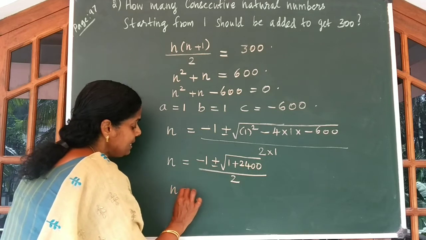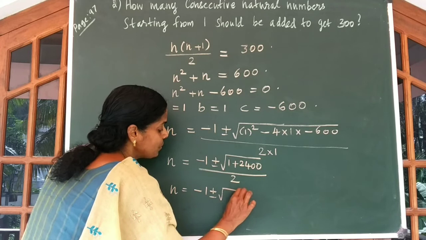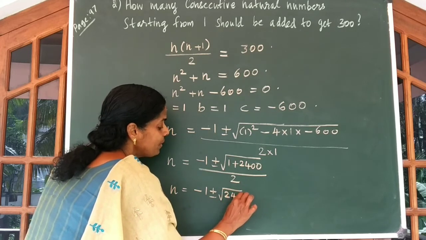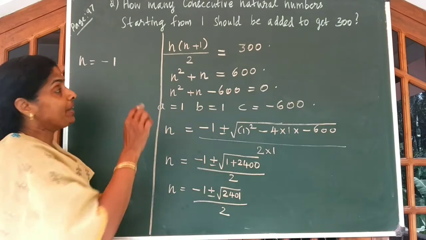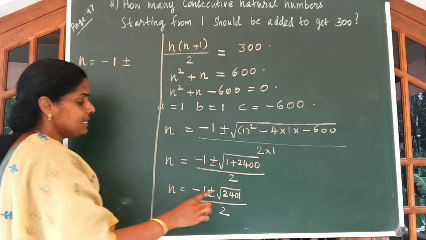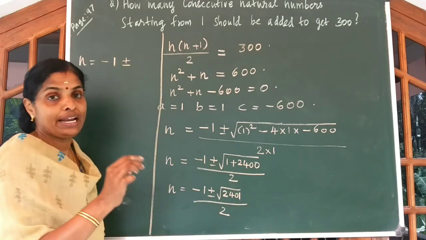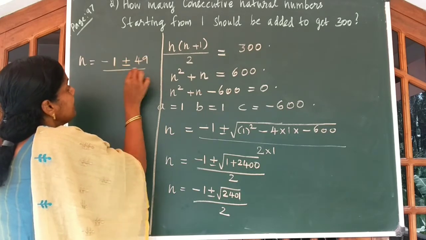Otherwise, n is equal to minus 1 plus or minus root of 2401 divided by 2. So we got n is equal to minus 1 plus or minus root of 2401 is 49. So you get 49 divided by 2.